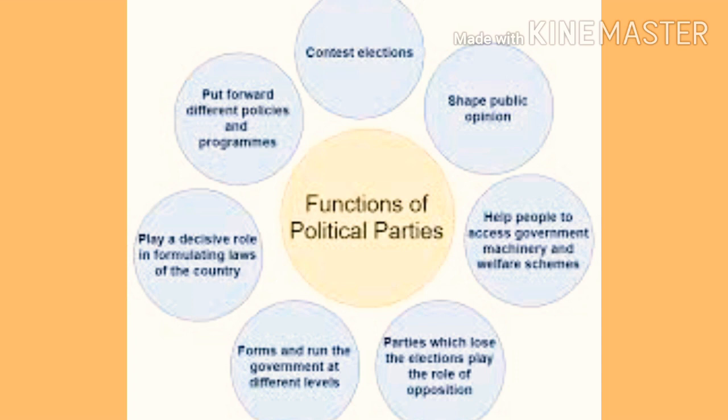Political parties are essential for the proper functioning of a representative democracy. They perform vital functions in every political system. So now we are going to study in detail about the various functions of political parties in a democratic country.